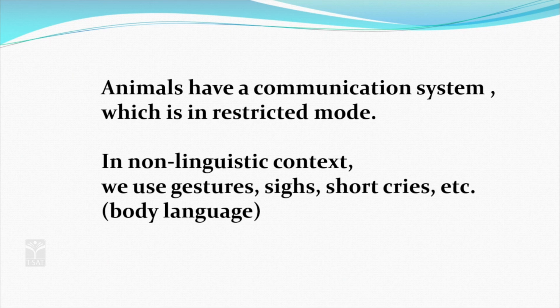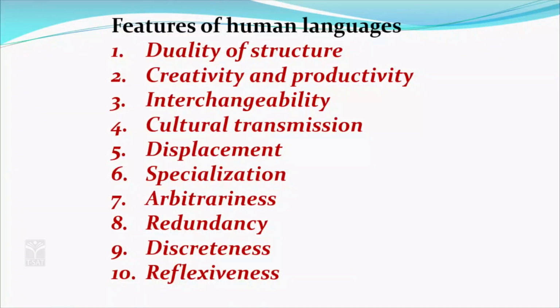But here at this point, what do we mean by human language and what are the characteristics of human language? Here they are. These are the features of human language: duality of structure, creativity and productivity, interchangeability, cultural transmission, displacement, specialization, arbitrariness, redundancy, discreteness, and reflexiveness.